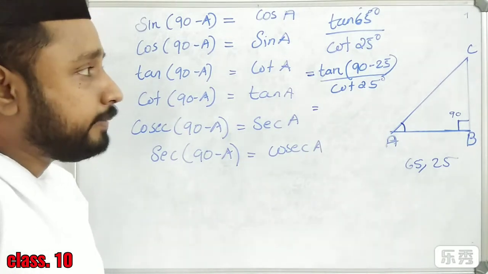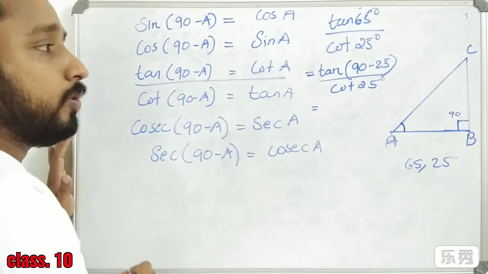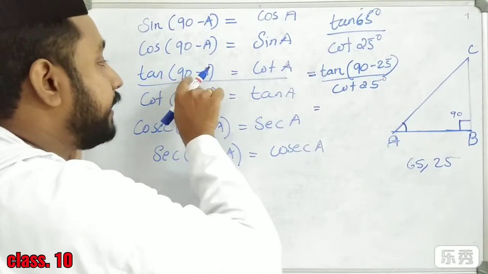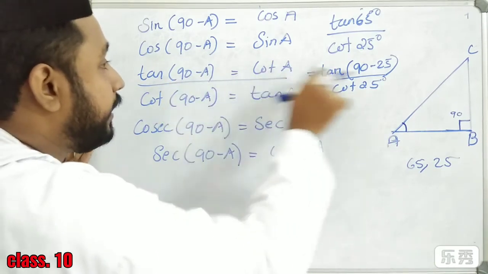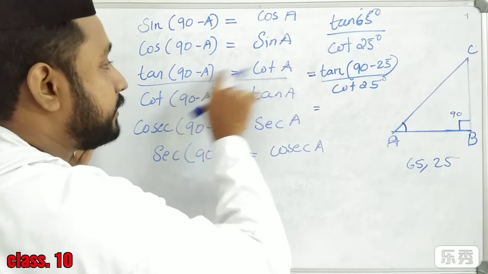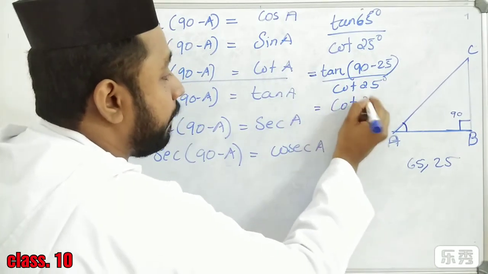What about tan 90 minus a? We know tan 90 minus a is equal to cot a. Therefore, tan 90 minus 25 means cot 25.